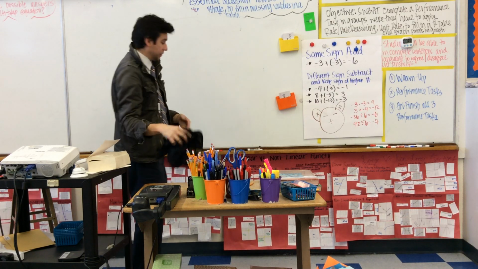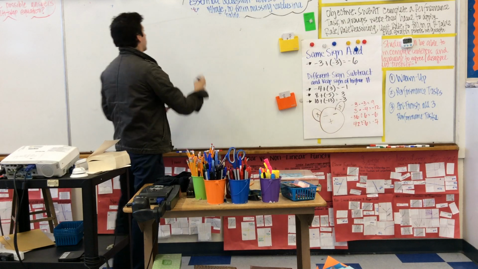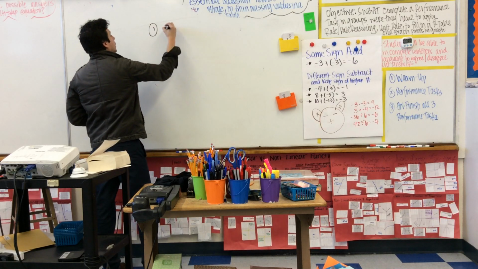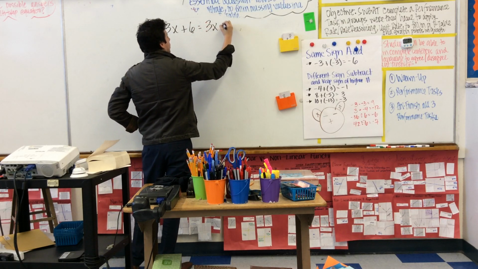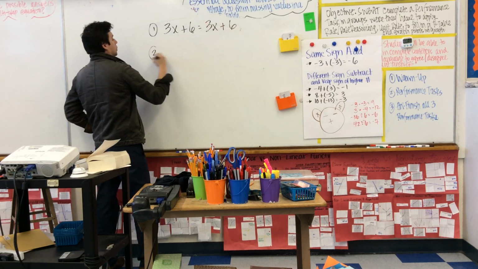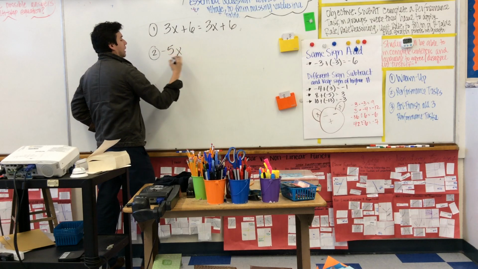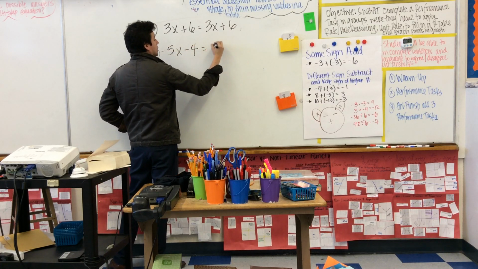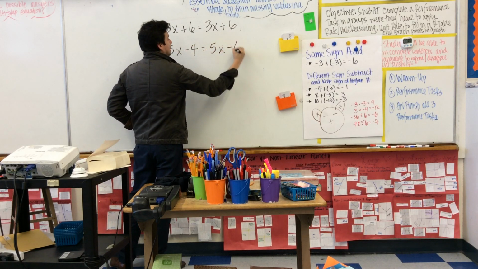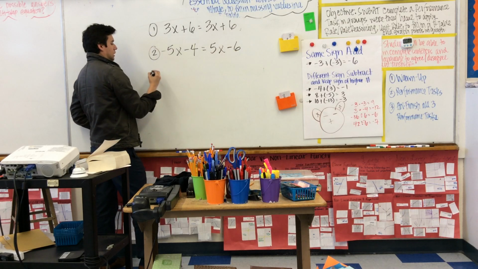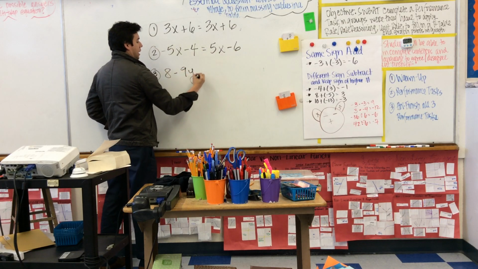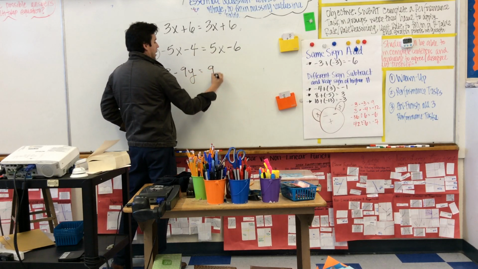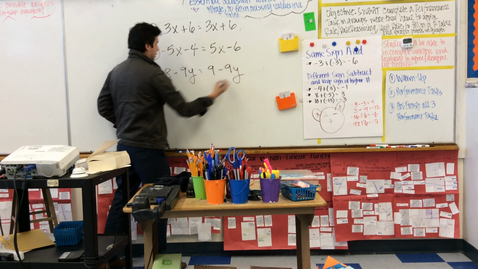Let me write a couple of them down. See if you get them right. Number 1, 3x plus 6 equals 3x plus 6. Number 2, negative 5x minus 4 equals 5x minus 6. 3, let's say 8 minus 9y equals 9 minus 9y.